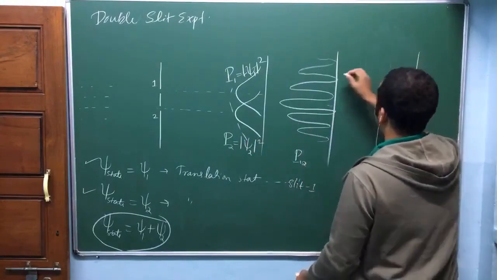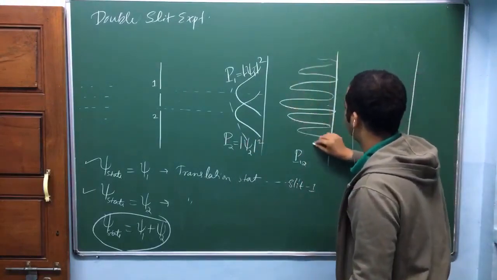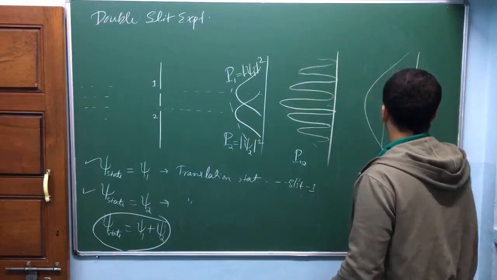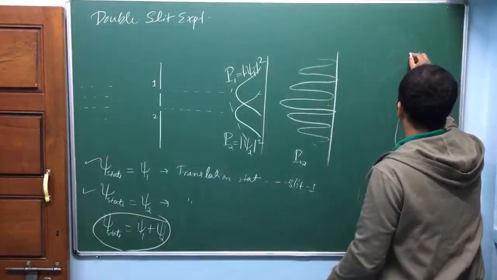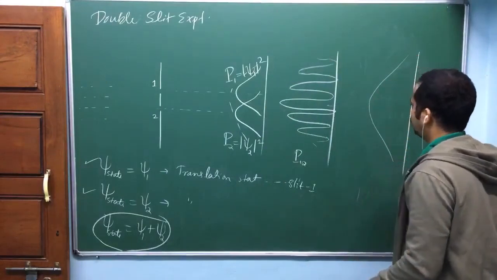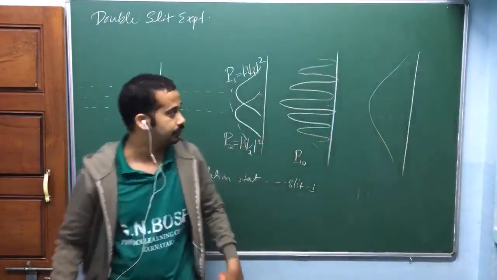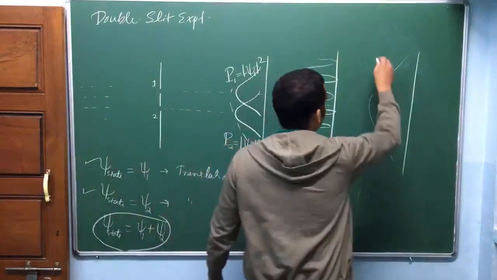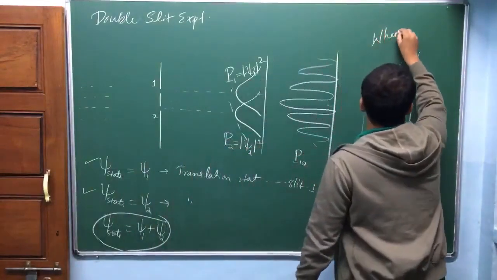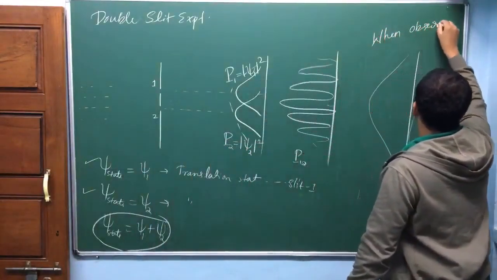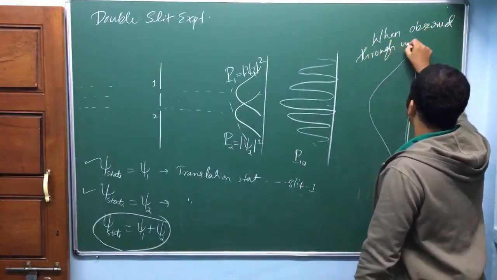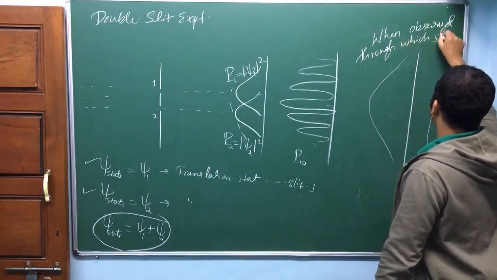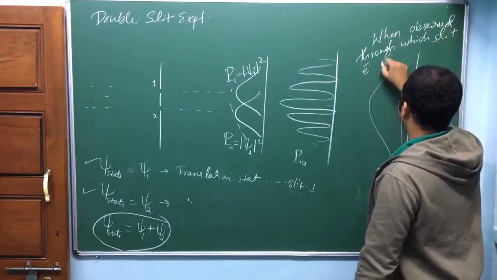If you observe, you will get this one, which is just the merging of these two actually, okay. That is when observed, through which slit the electron is passing through.